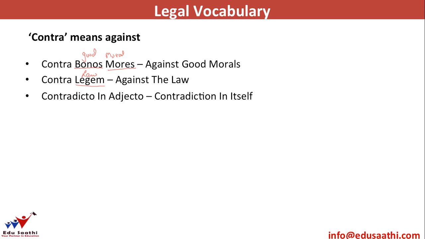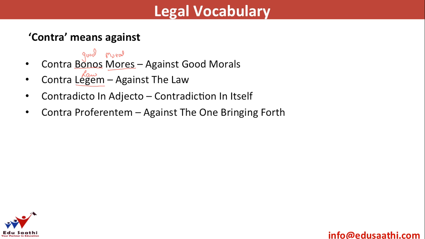And if I talk in terms of legal terminology, I'll say contradictio in adjecto would be any contract that is basically breaching itself. So that becomes contradictio in adjecto. That is contradicting itself.